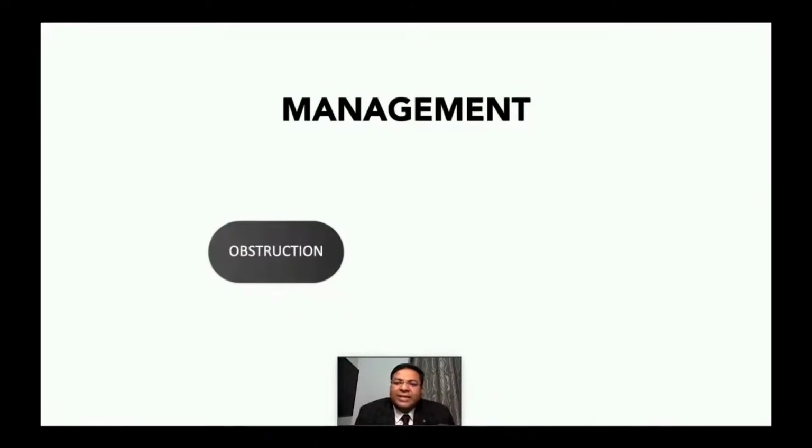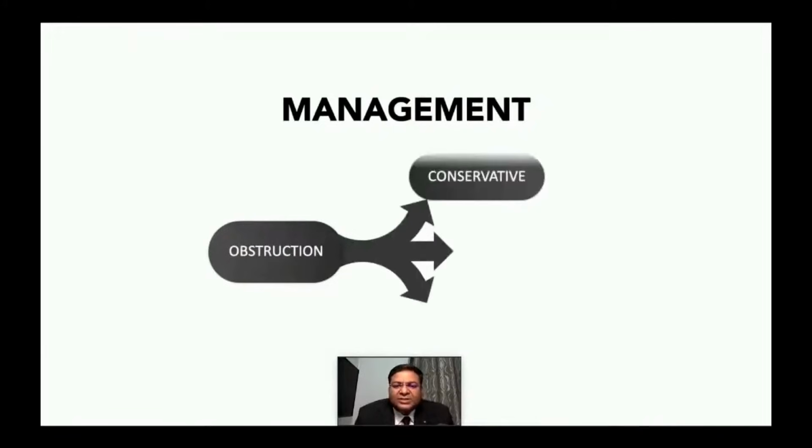So coming to management of obstruction, at times if it is a subacute obstruction, then we can go for conservative management, because many times obstruction because of bands or minor adhesions can be treated conservatively without surgery. But many times if it doesn't settle, then we do a laparoscopic surgery.